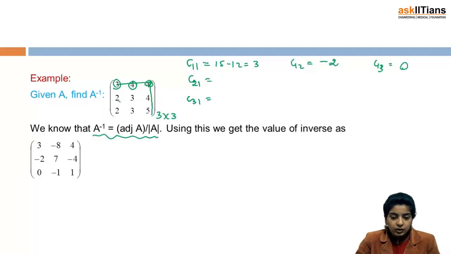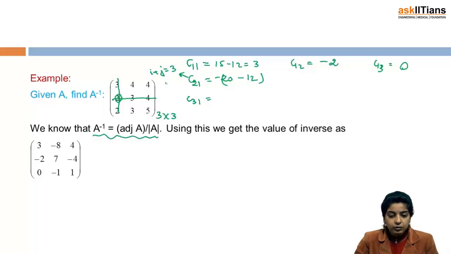Now C21, if I see, this is C21, right? So in case of C21, we'll have to omit this row and this column. So we have 20 minus 12, and that too negative, because i plus j in this case is 3, and therefore odd, so negative.